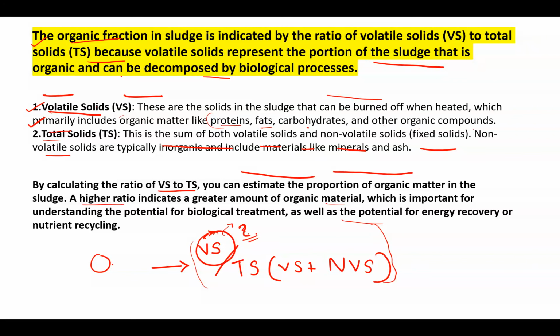Yes, this is important. We also need it for the energy required, that means for electricity production or microbial fuel cells, we need the content of organic volatile solids in the sludge.